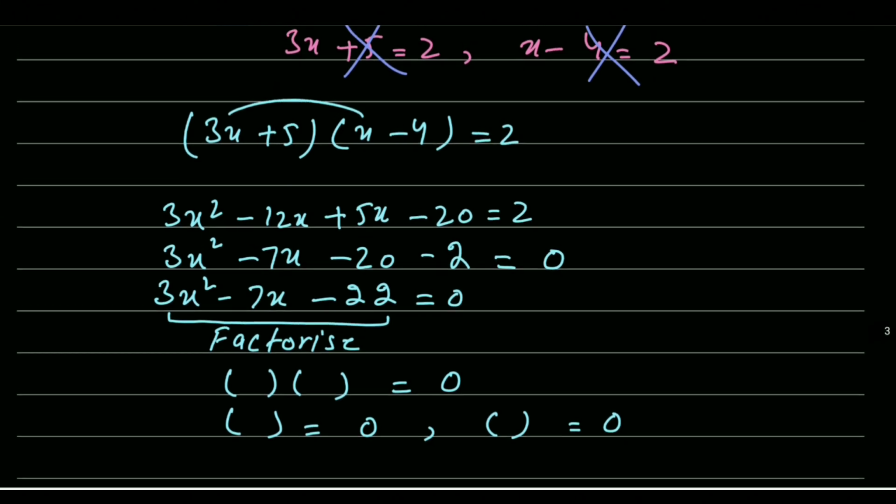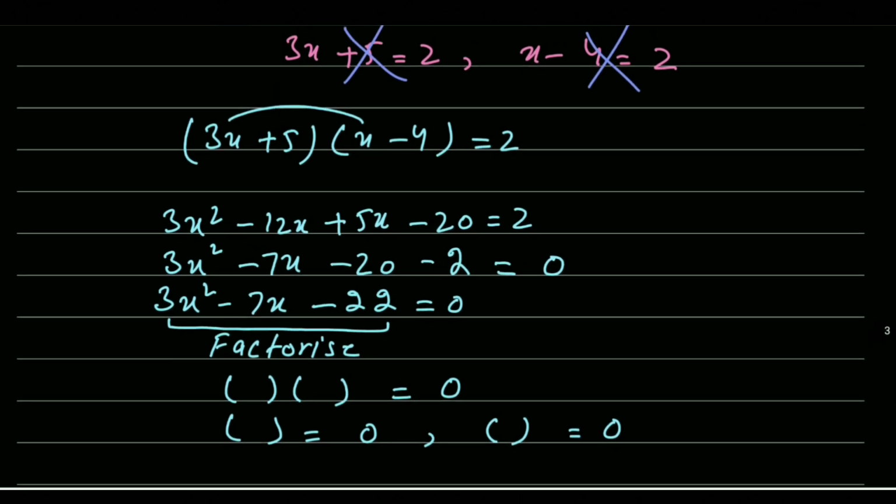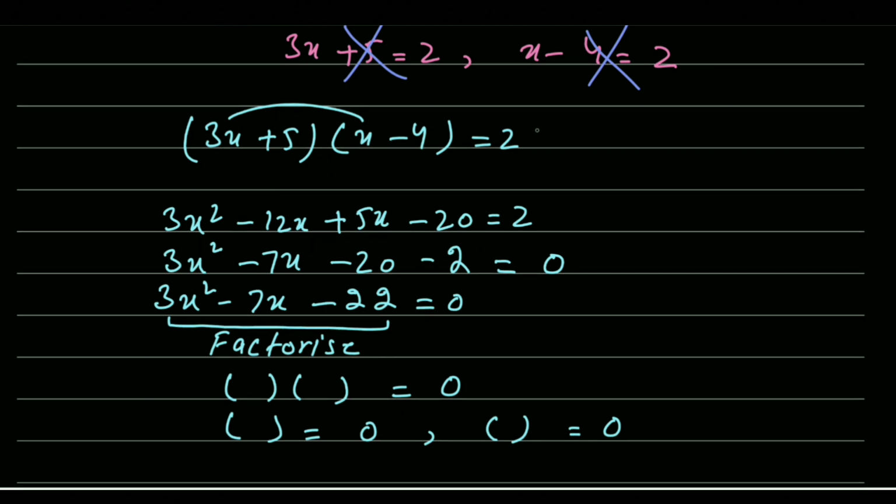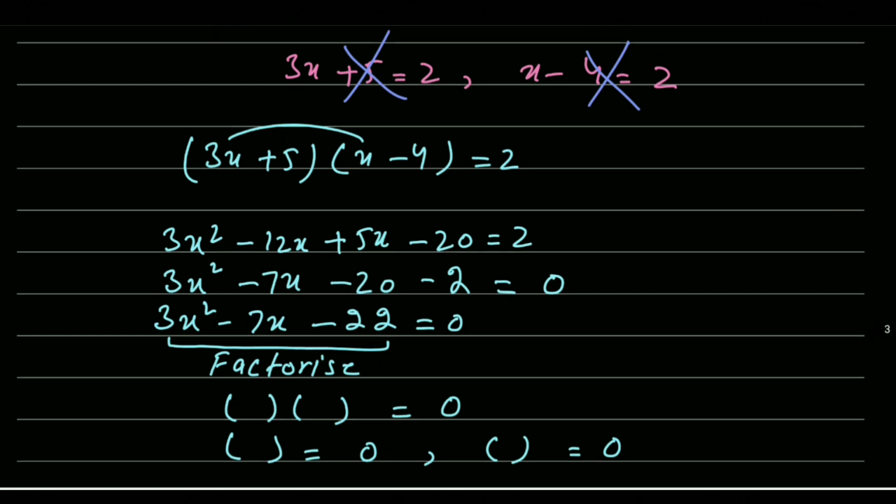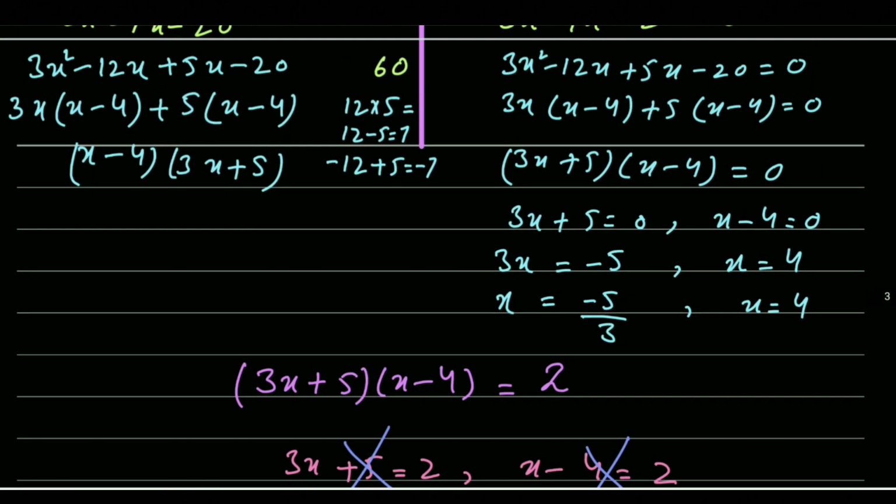So this is the way how you will solve if two brackets are given to you on the left hand side, and on the right hand side any value is given to you except 0. But if on the right hand side 0 is given to you and on the left hand side there are two brackets, you will write them separately like that and you will find two values of x or y.